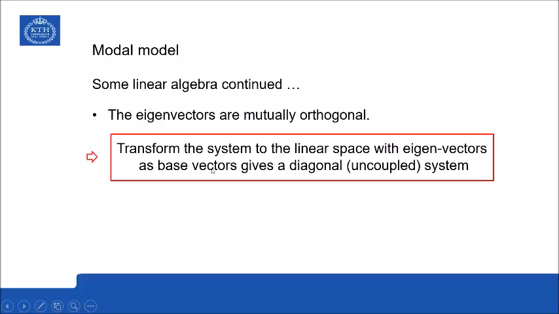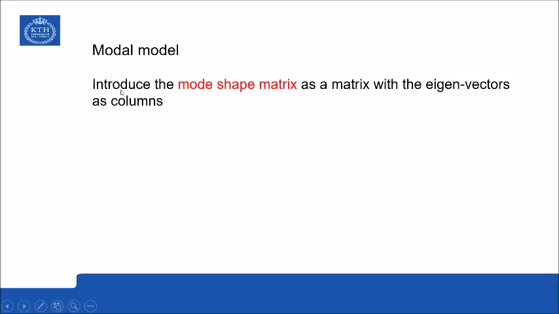That will give us a diagonal system, an uncoupled system. So if we introduce now a mode shape matrix, phi, as a matrix with the eigenvectors as columns: the first column is eigenvector 1, and so on up to the last eigenvector phi m.